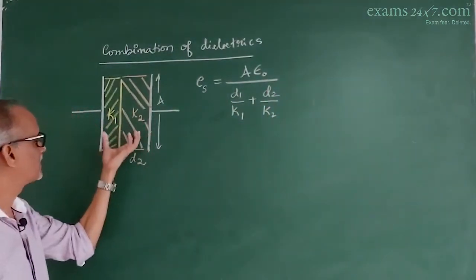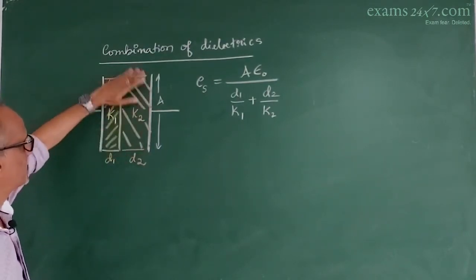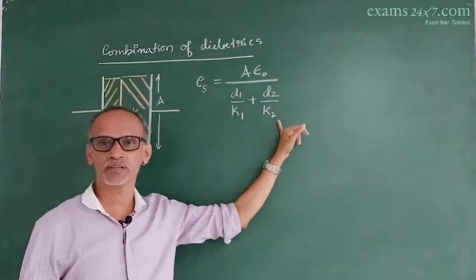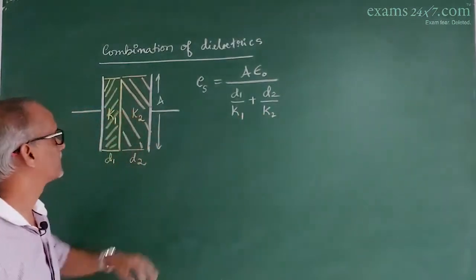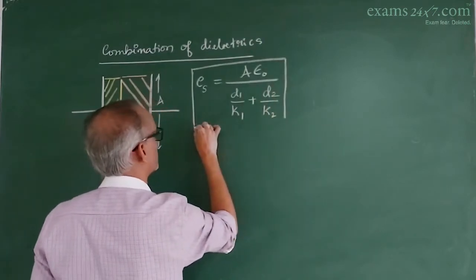Suppose you leave that space as it is with air, if this space is only air, then the value of k2 becomes equal to 1. So this is how we can find the effective capacity.